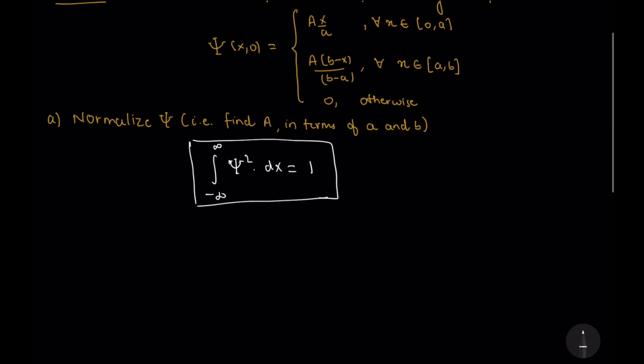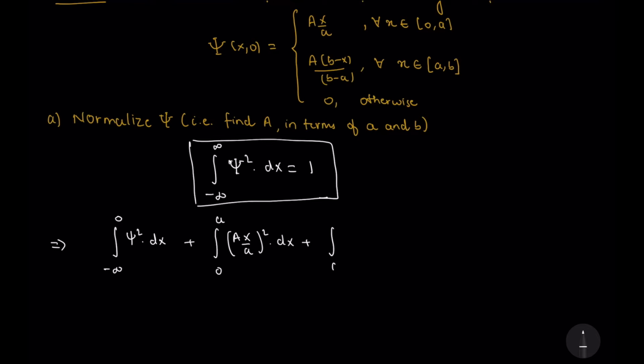Now, what my wave function says is that if I come from infinity to 0, I have the wave function squared dx, plus from 0 to a, the wave function goes like a into x upon a, squared, dx.